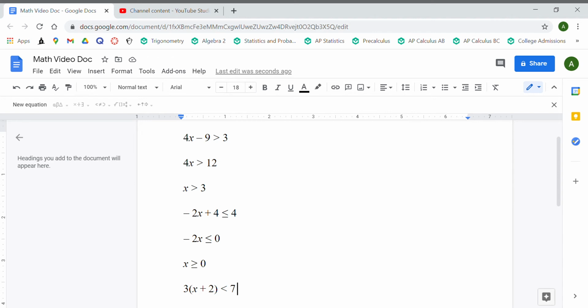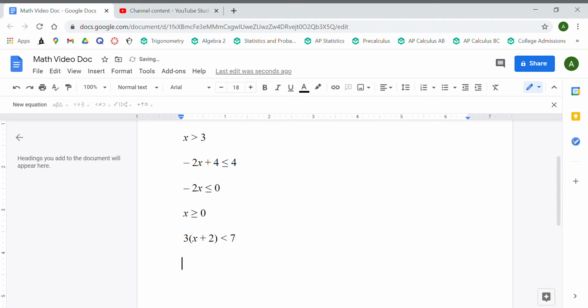Alright? So remember, in order to solve the equation, we need to distribute first. So imagine that this is your coefficient, and your variable term is everything that's in parentheses. The 3 multiplies to everything in the parentheses. So we're going to use 3 times x equals 3x. 3 times 2 is 6.